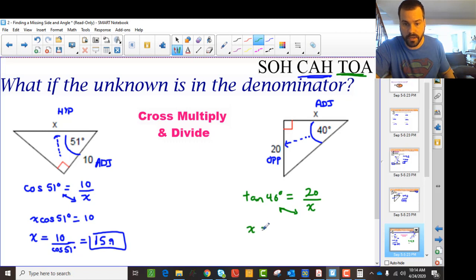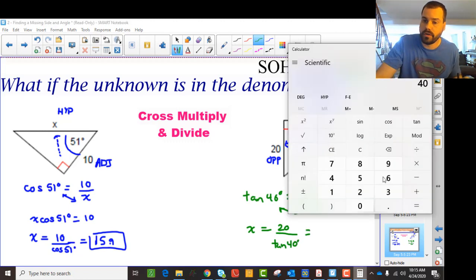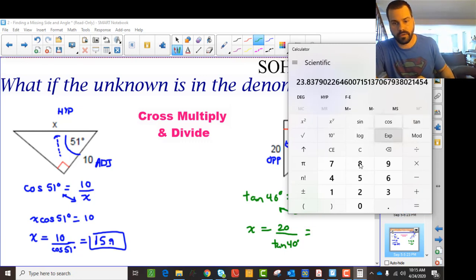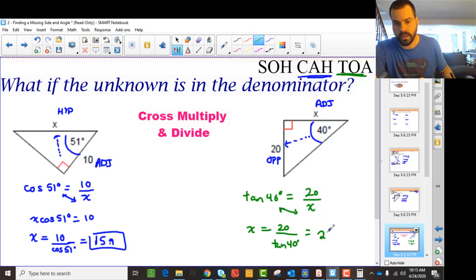You just switch those values, so it becomes 20 divided by the tangent of 40. Okay? So again, if you can do it all on your calculator at once, please do, but I'm going to take that as 0.839, and then I'm going to take 20 and divide it by 0.839. And that comes out 23.84, to 23.8. Okay, and that's my answer.